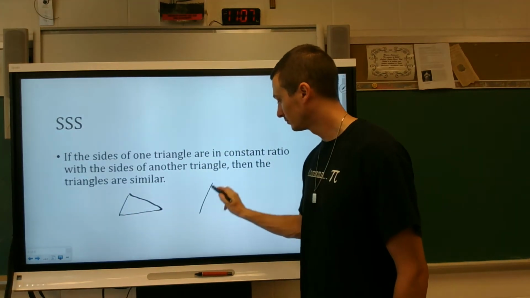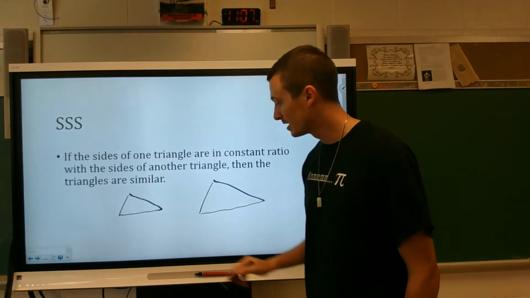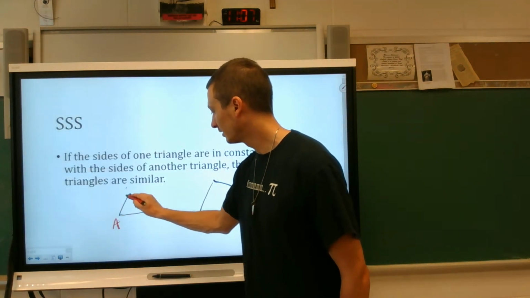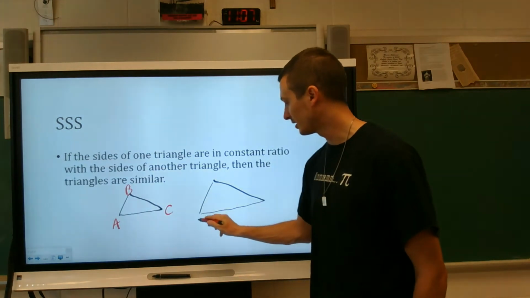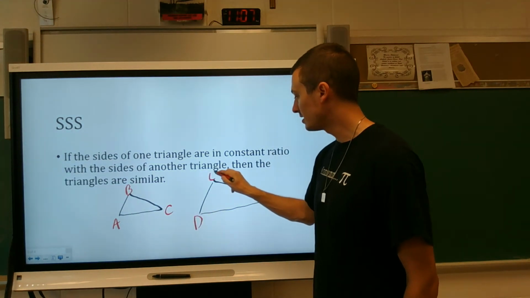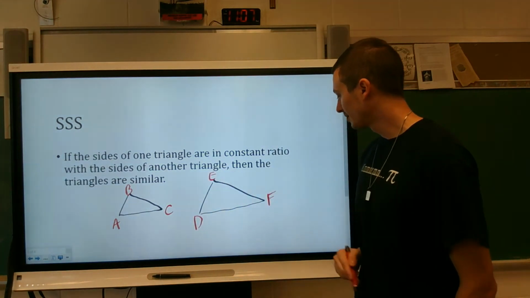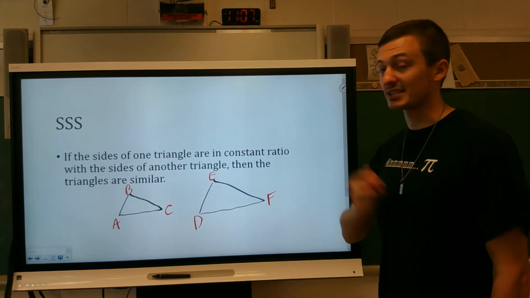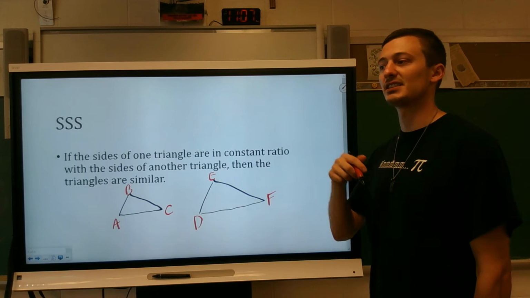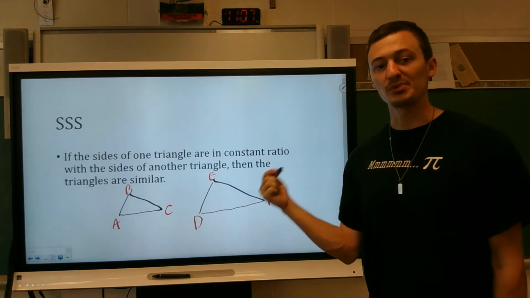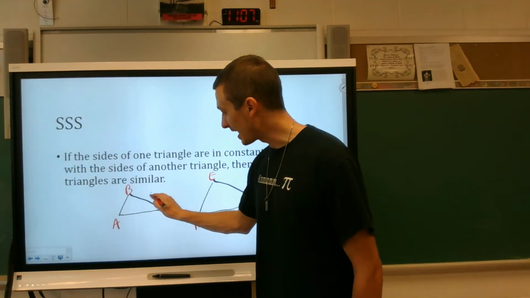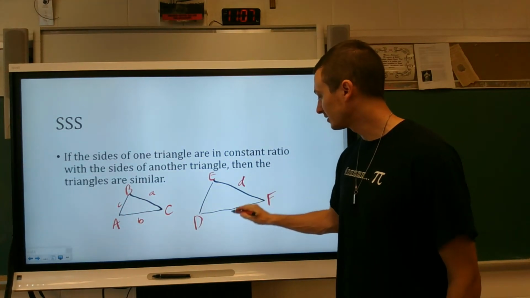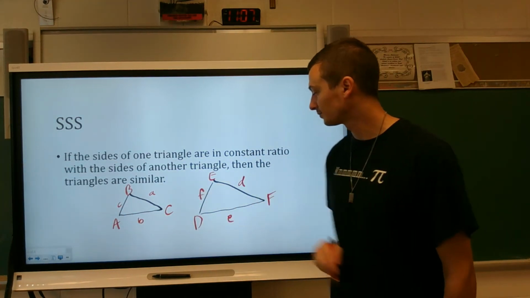So let's call this triangle A, B, C, and triangle D, E, F. Now, generally, as far as naming is concerned, when you're talking about sides of the triangle, they have the same letter as the opposite angle. So this would be side A, side B, side C, side D, E, and F.